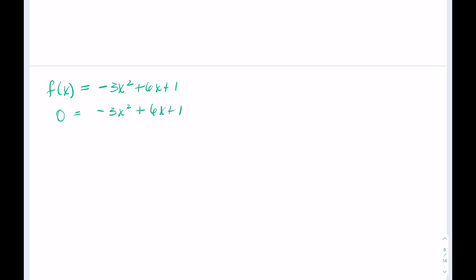You have a couple options here. You could factor this. Not a good idea. It won't factor nicely. Or you could try using the quadratic formula.